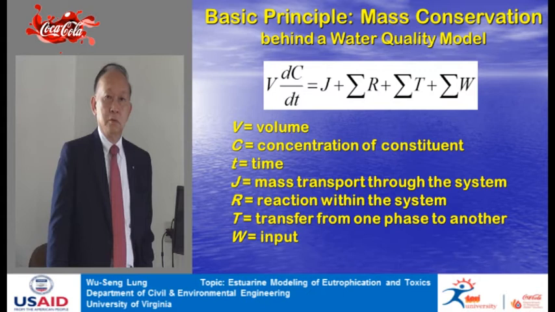Anything after that embodies some empirical nature. For example, algal growth, I just mentioned. How it grows, what is the growth kinetics? We learn from scientists. But there are certain degrees of empiricism there. Because of that, real-world data to check the model result is extremely important.